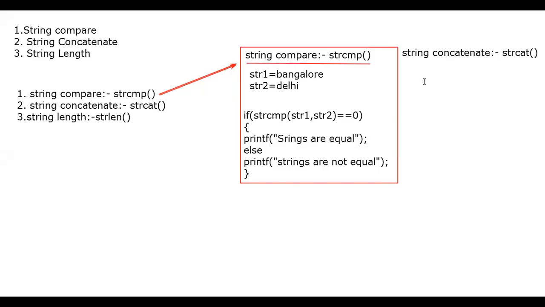Next we will go for string concatenate using the strcat string library function. In this case, I'll take str1 as Bangalore. Next, str2, we are going to take the string as Delhi.